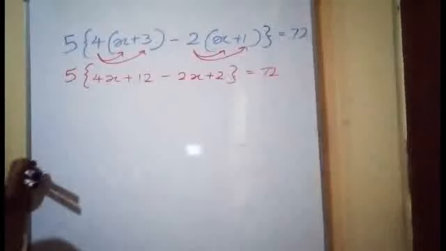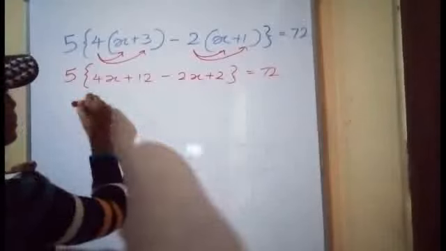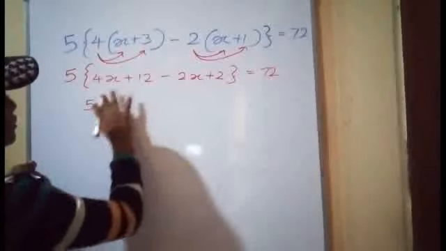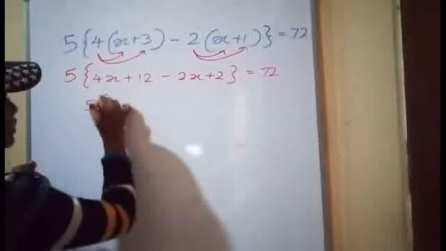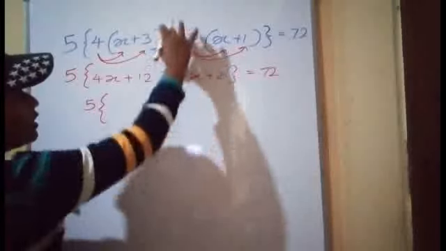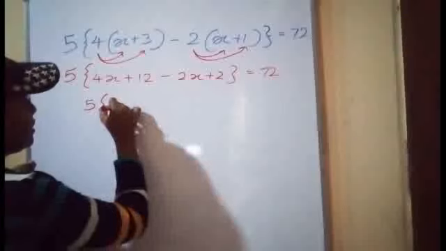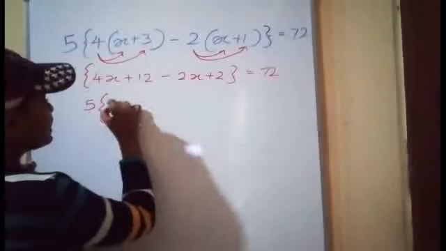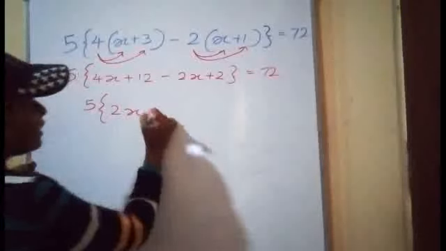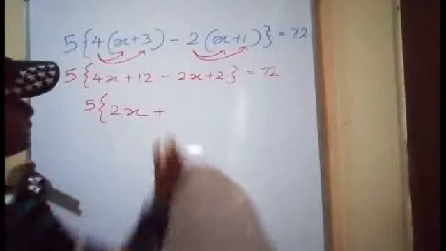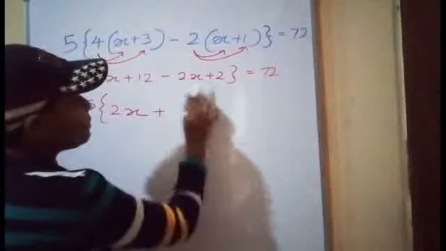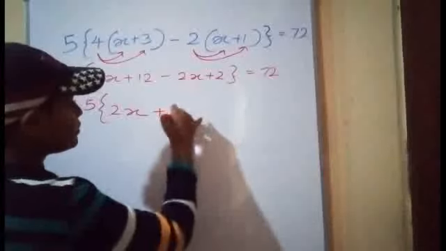No, this one is the common one. 4x subtract 2x is 2x. And now plus 12 plus 2 is 14.